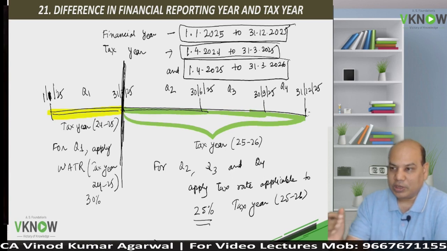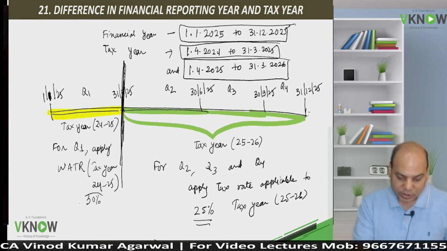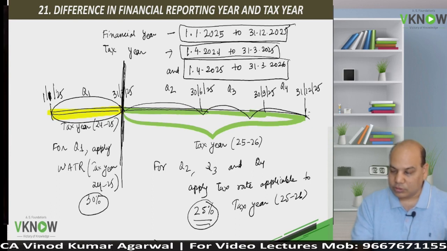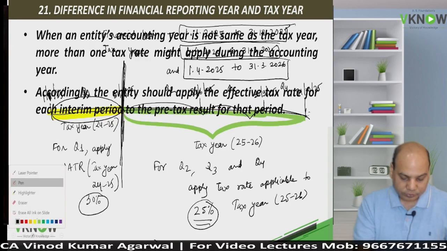The government might have reduced the tax rate or it might have increased also. Second point, accordingly, the entity should apply the effective tax rate for each interim period to the pre-tax result for that period. So we are going to apply 30% for quarter 1 and 25% for quarter 2, 3 and 4. So this is the note in the book.